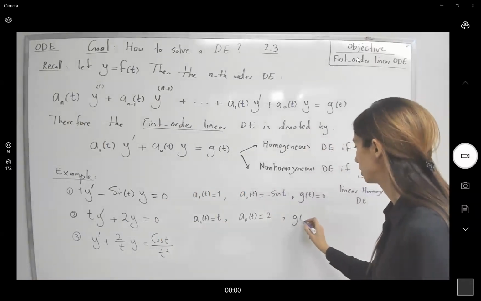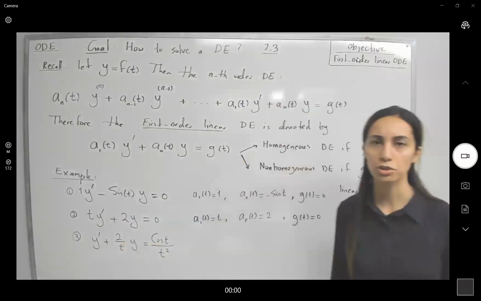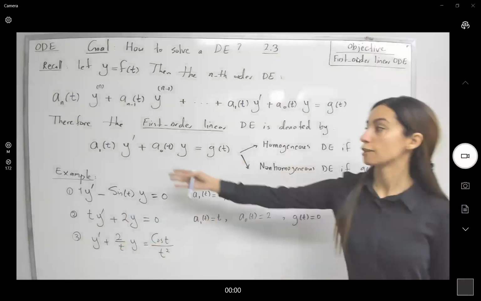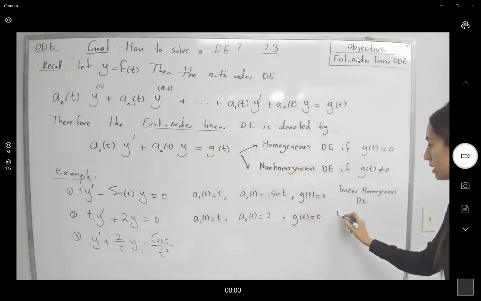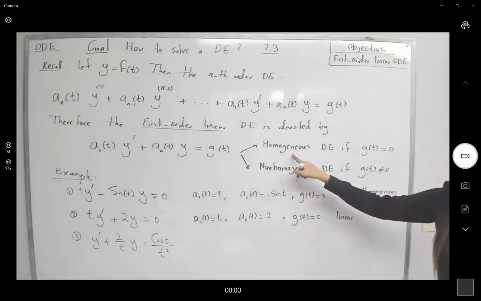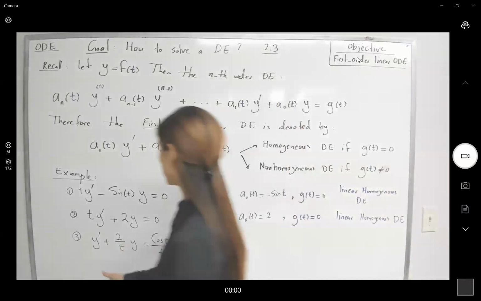So g of t is equal to 0. Do we have a linear differential equation? Yes, it satisfies the definition of a linear differential equation. So it is linear, and since g of t is 0, we have a homogeneous differential equation. Linear homogeneous differential equation.